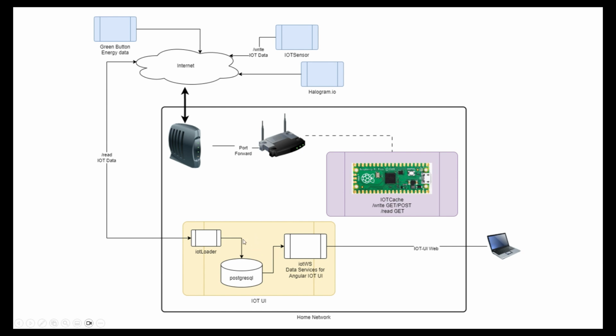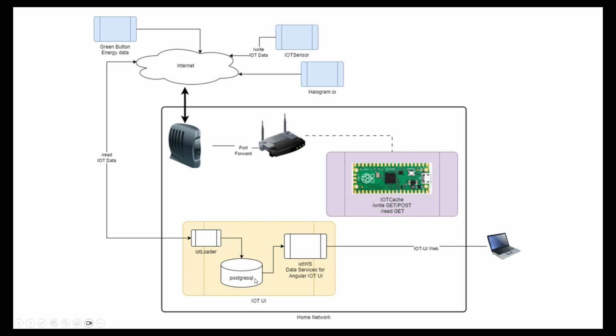On this Raspberry Pi 5 I have two main programs, iotLoader and IoT web services. iotLoader periodically goes out to the iotCache, gets any new data, pulls it down and loads it into this PostgreSQL database, which is set up like a time series database. We'll have a look at the schema for that and what sort of things it holds.